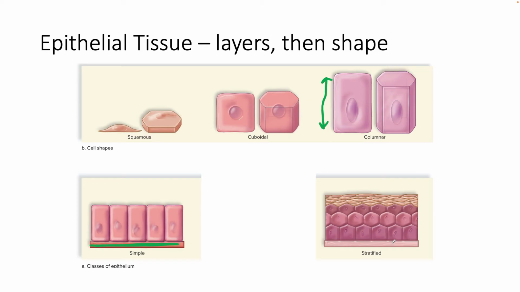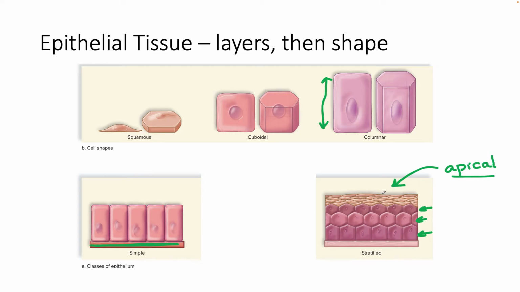These cells over here are stratified. You can see that there's 1, 2, 3, and then a whole bunch more layers, right? So remember, 2 or more layers is stratified. So these are stratified, and they're called stratified squamous cells. Why are they called squamous when they look like little cubes down on the bottom? Well, it's because we name epithelial tissues based on their shape at the apical surface.